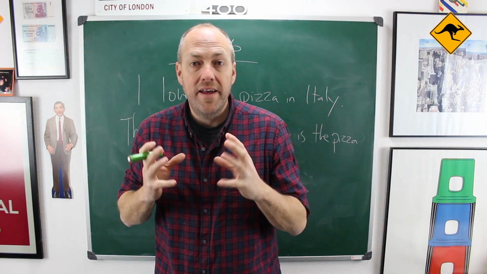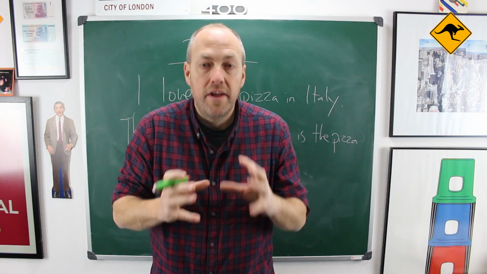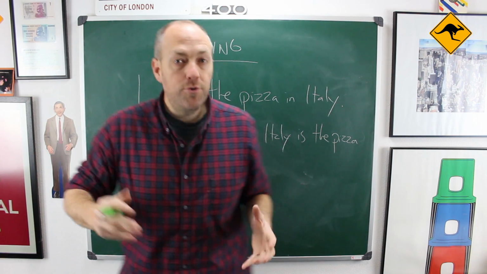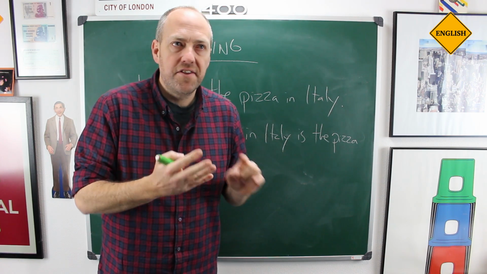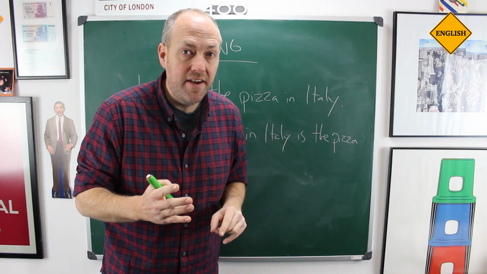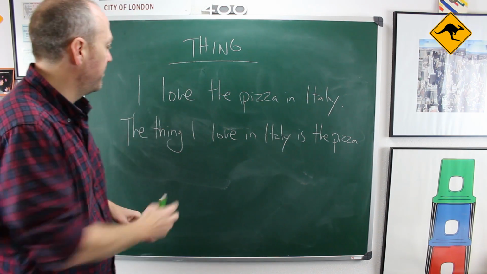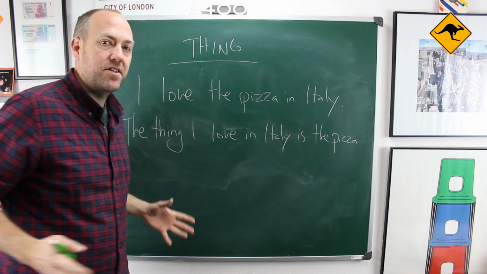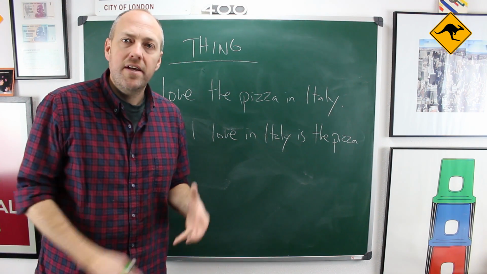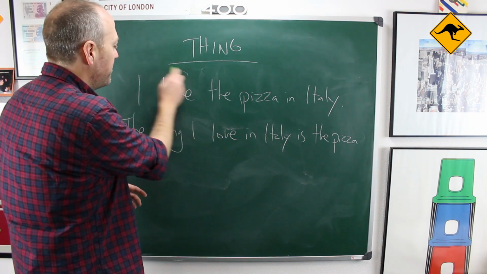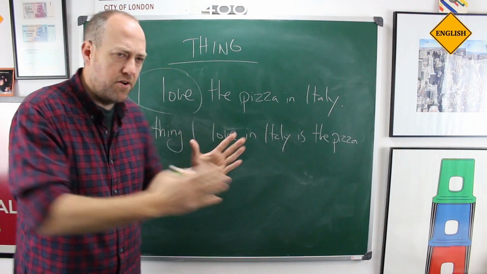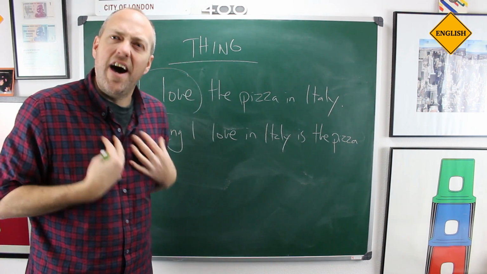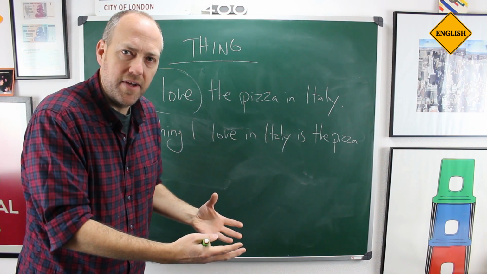Another way that we can bring focus onto something is by using thing, like the thing, something, one thing. Okay? For example, I love the pizza in Italy. So here you can see that psychologically we are focused on the idea that I love something, okay?